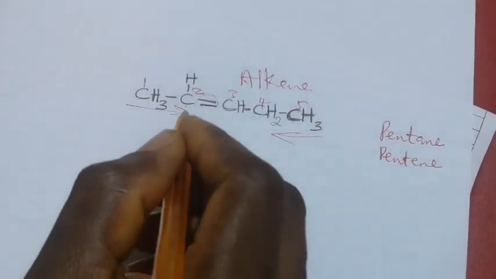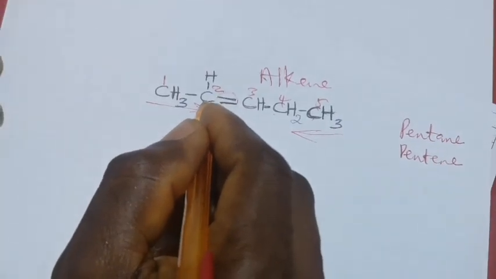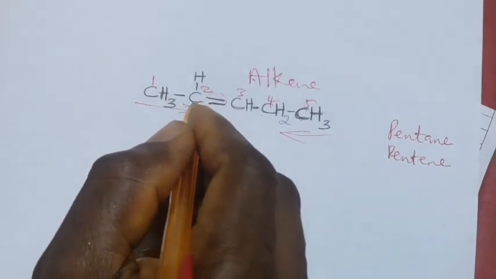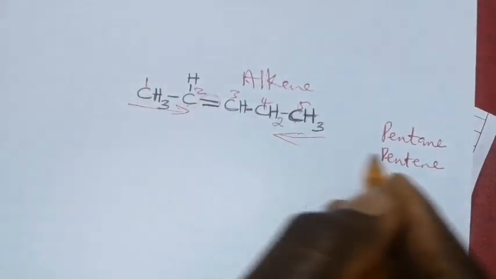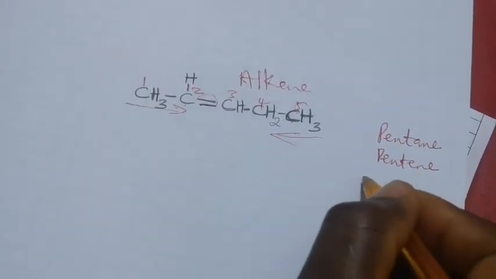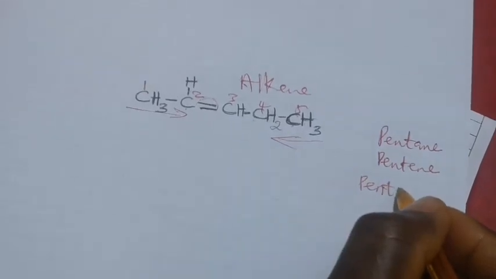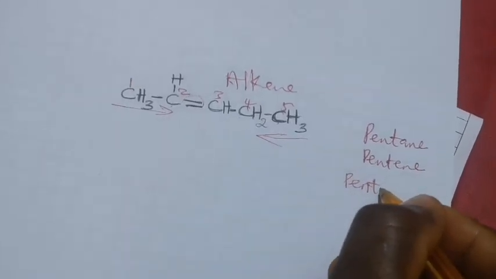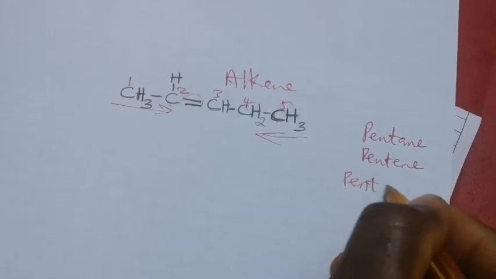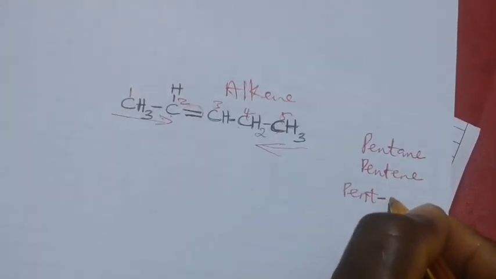Okay, now because the double bond is at the second carbon atom, instead of saying pentene, we will say pent. We will stop. Now from this place we have en, that is where we put the position of the double bond.